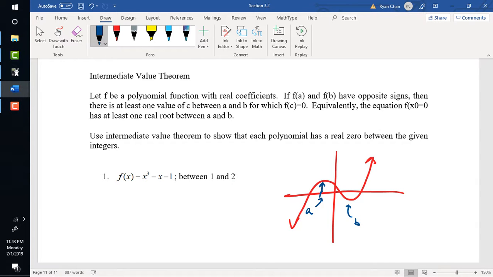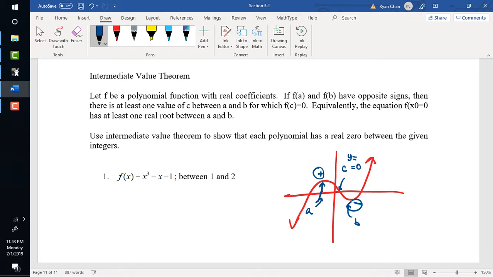Notice the y value when x is a is positive, and the y value when x is b is negative. Since every polynomial graph is continuous, and since the y value at a is positive and at b is negative, there has to be a point c such that y is equal to 0.